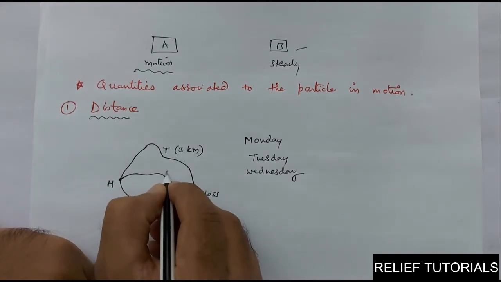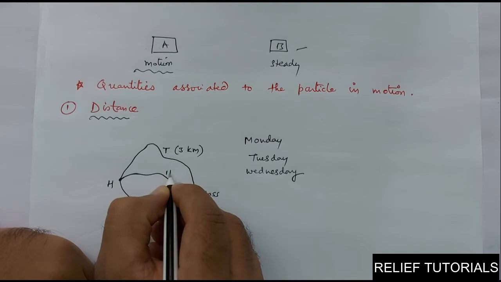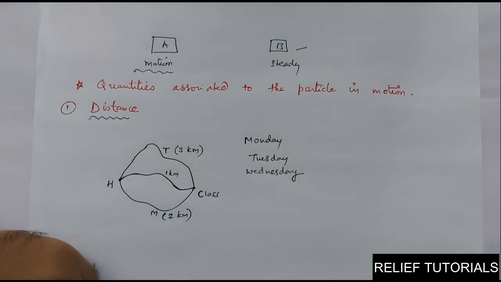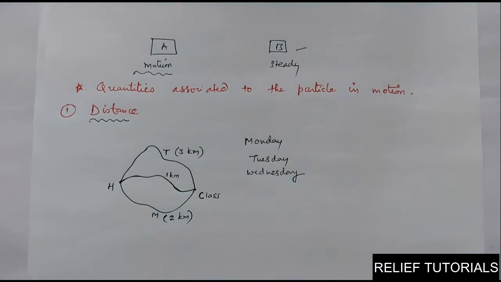The length of this is 1 kilometer only. So now analyze this example that on 3 different days, you are going from home to class. So your starting point of motion and the end point of your motion is fixed.